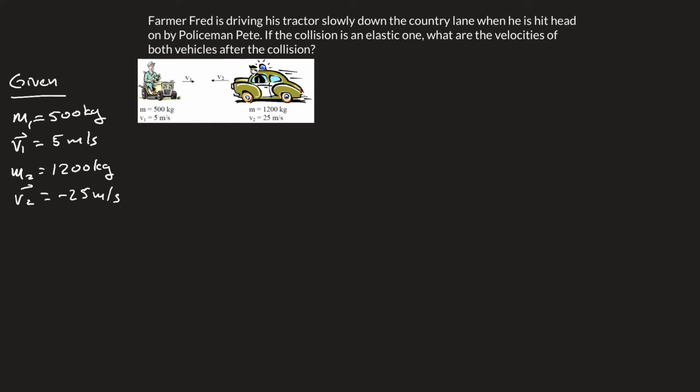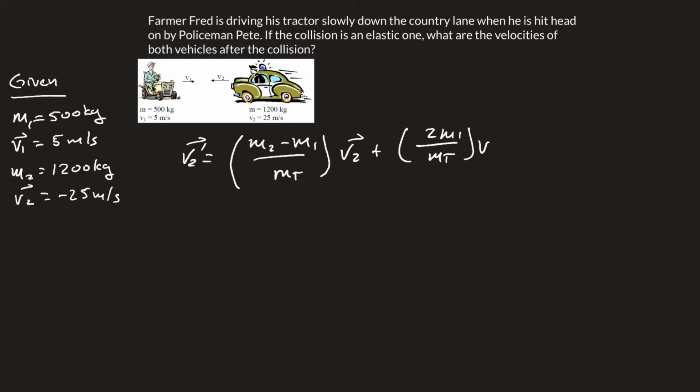We're going to do a similar thing here to solve for the final velocity of the police car. So v2 prime is equal to, and in this case the equation is, (m2 minus m1) over mt times v2, plus 2 m1 over mt times v1.